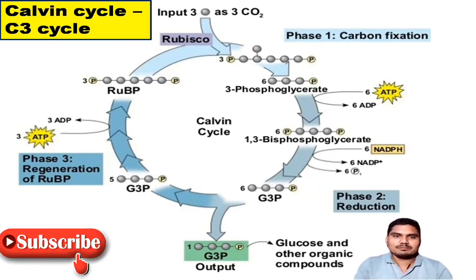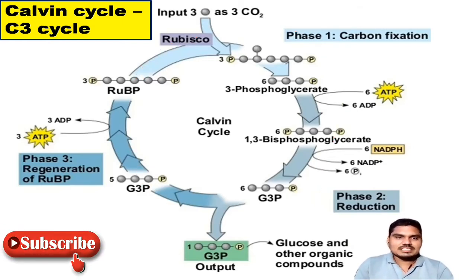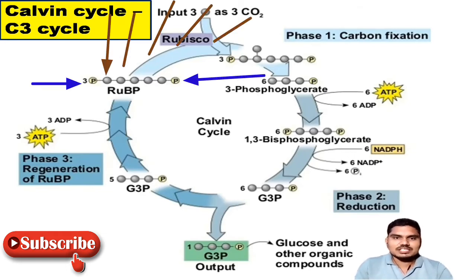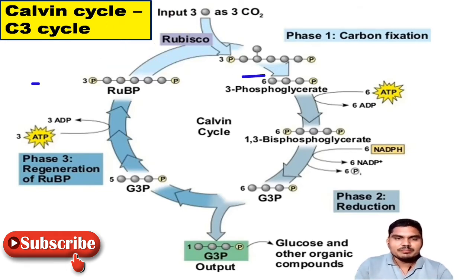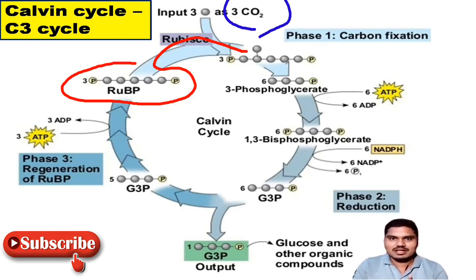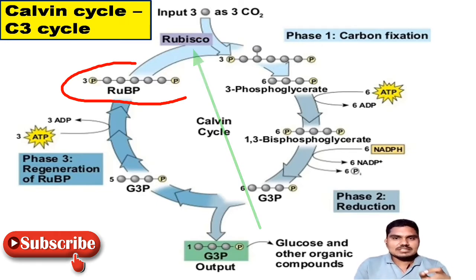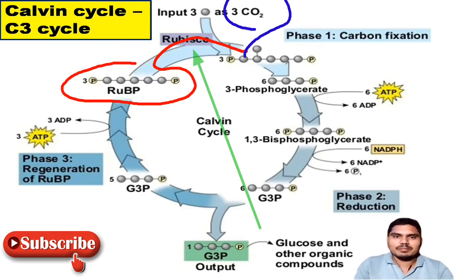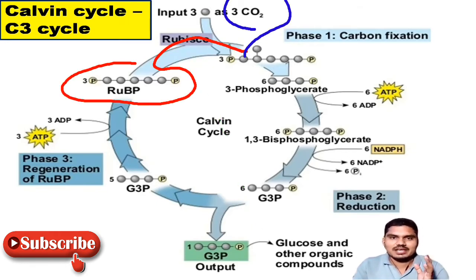That is ribulose bisphosphate. Bisphosphate means it has 2 phosphate groups along with 5 carbon atoms. This molecule combines with one carbon dioxide in the presence of rubisco. Rubisco is an enzyme called RuBP carboxylase oxygenase.